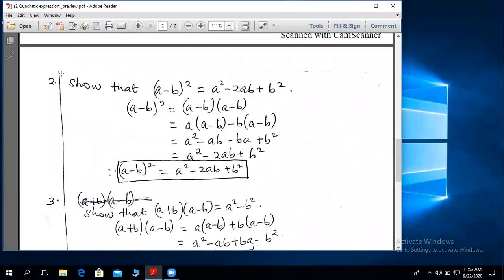Now another identity is here. We want you to show that a minus b squared is equal to a squared minus 2ab plus b squared.